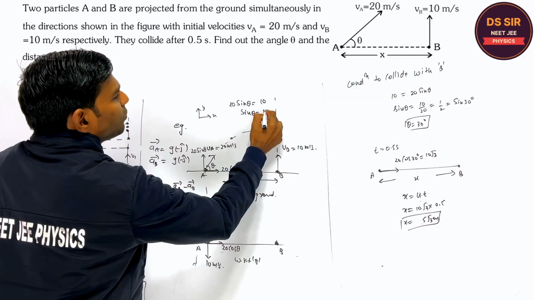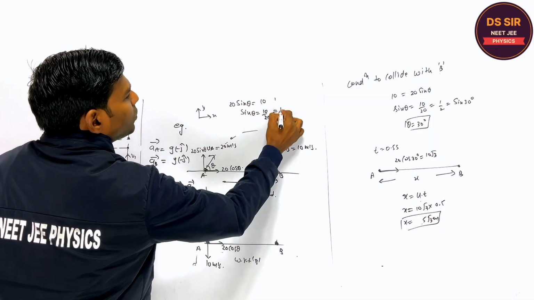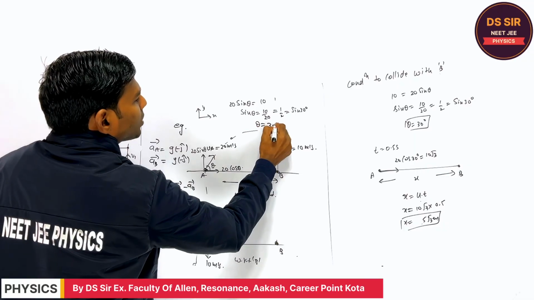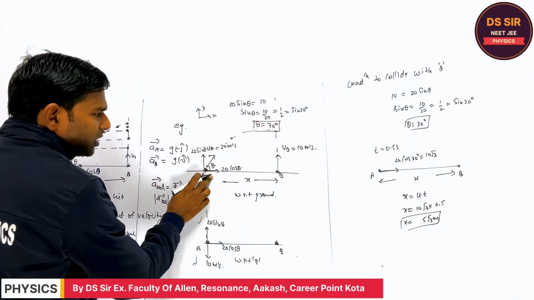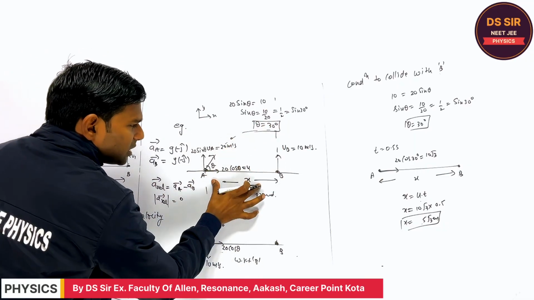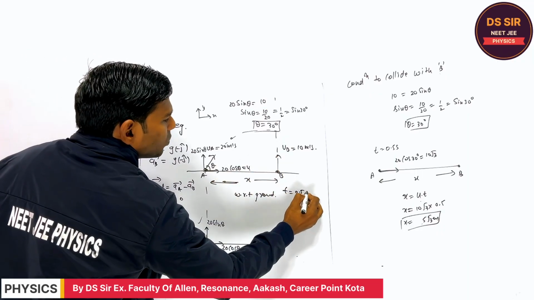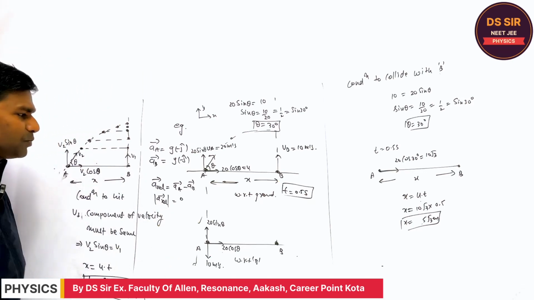Therefore sin theta is equal to 1 by 2, which is sin 30, so the angle must be 30 degrees. And when the 30 degrees is known, you can find this velocity, and the separation you have to find, while the time to collision is 0.5 second.